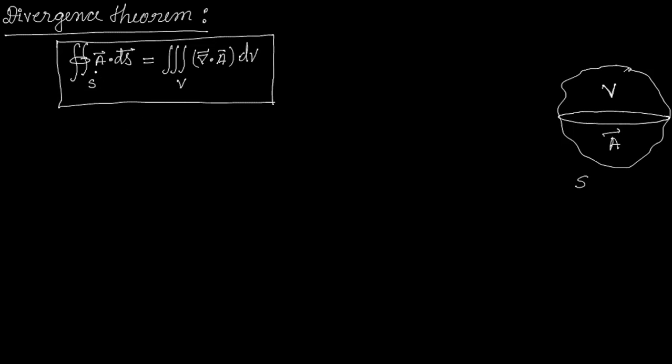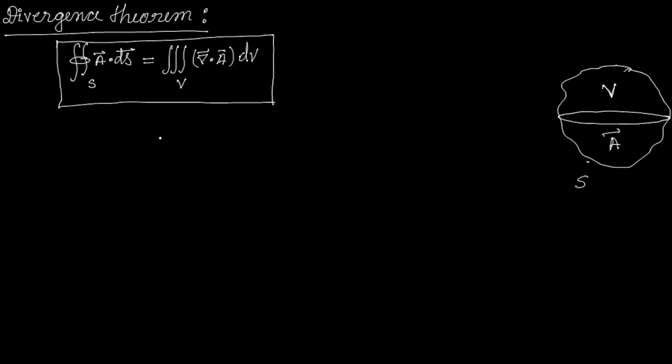So what is said in this divergence theorem? It says that the surface integral of a vector over a closed surface is equal to the volume integral of the divergence of this vector over the volume that is enclosed by this surface.